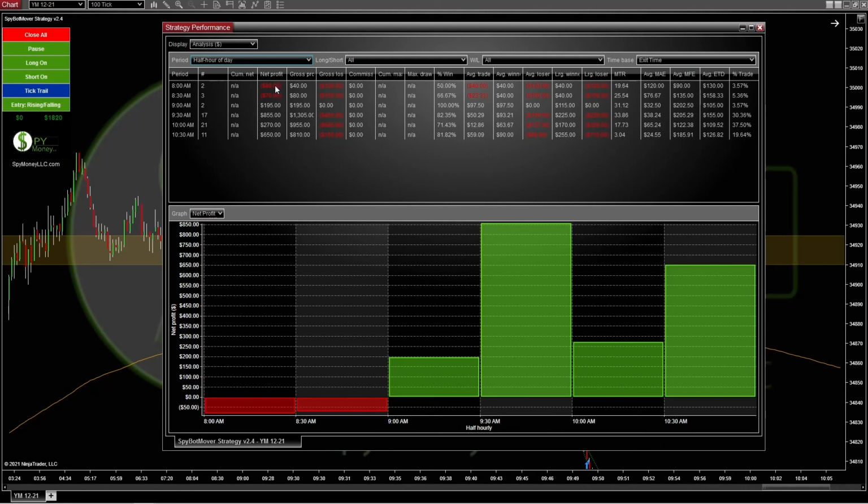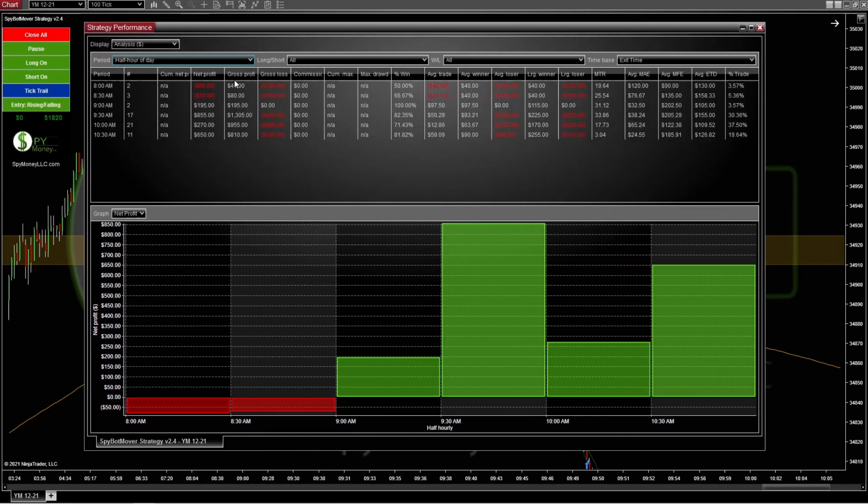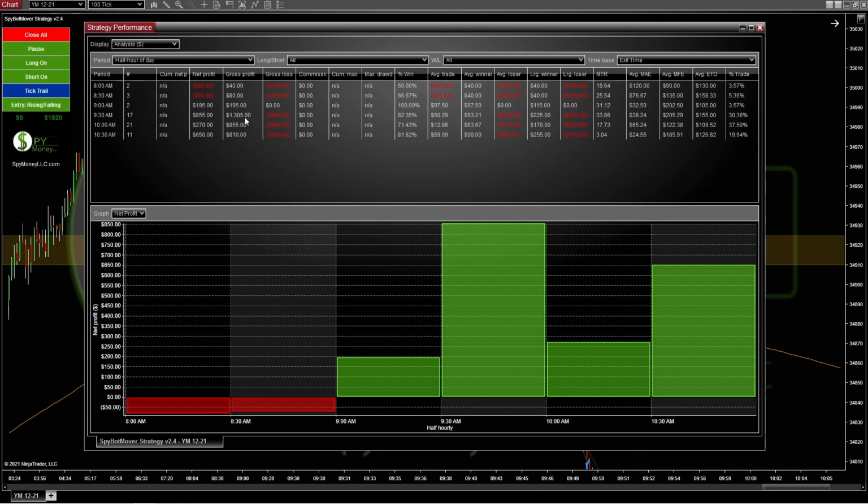So you can see there, we were down 8 a.m. We're down $80 total, $70, and then we just kept on going up. Our gross profit, 1305 on the 9:30. So opening bell, we made the most money during that time frame.